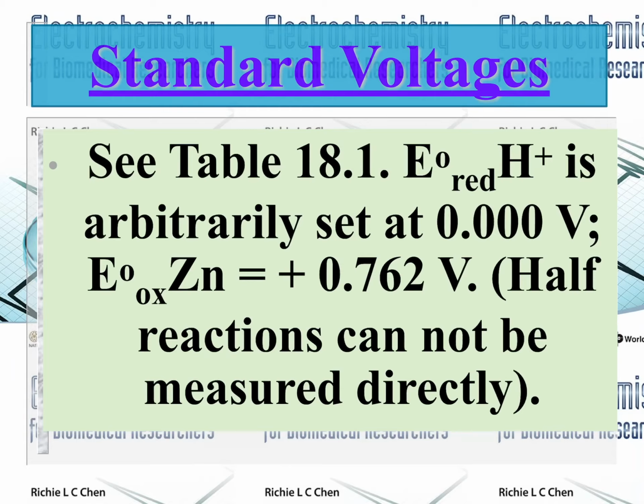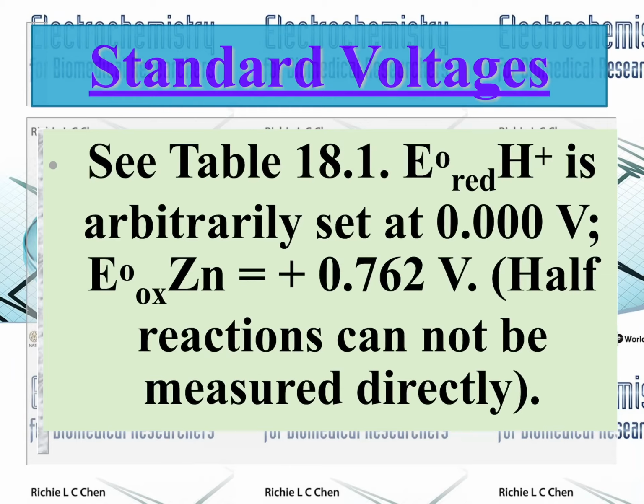We're going to set that as the standard at 0 volts, and then we're going to compare everything to it. Now they didn't have to pick H plus. We could certainly set tables based upon something else being the arbitrary value at 0, and then everything else would get adjusted accordingly.